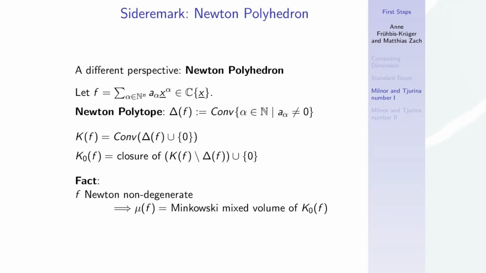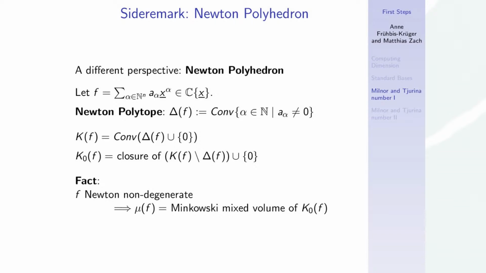Some of you in the audience might have always computed the Milnor number in a different way, and I'll just briefly sketch this approach. So we look at the Newton polyhedron. What's that?